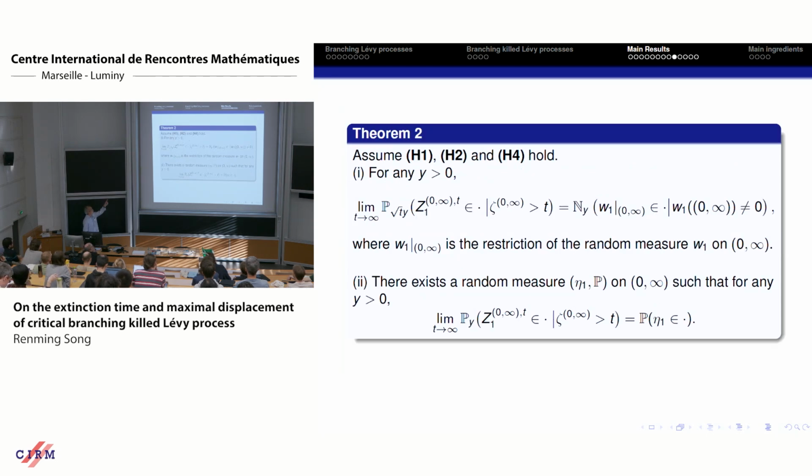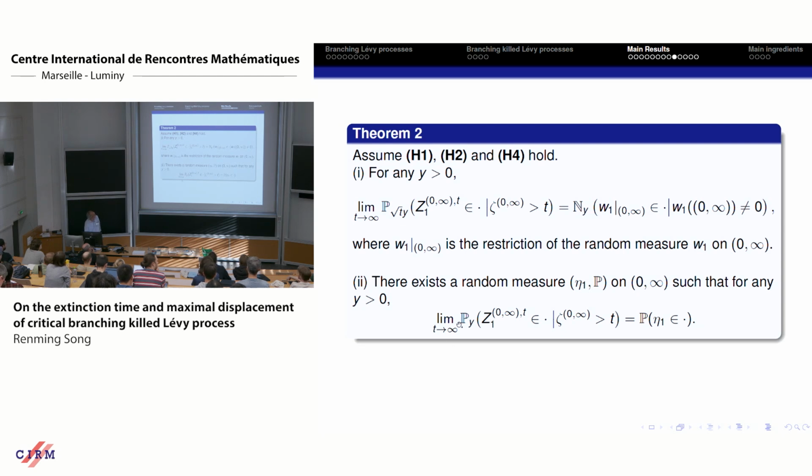Again, our assumption is H1, H2, H4. If you start from square root of t times y, then under this condition, the scaled process has a limit written in terms of the excursion measure of our superprocess.